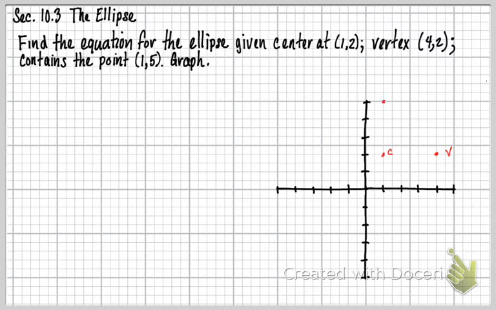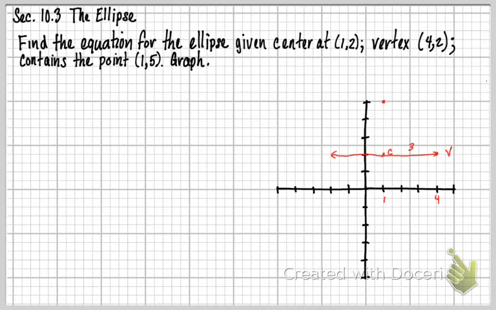And what's interesting about this problem is this is my major axis here. So if I run it this way and this way, that's going to be my major axis. And this distance here is going to be 3, right? Because keep in mind I'm at 1 here, and I'm going all the way over to 4, so that's a distance of 3.